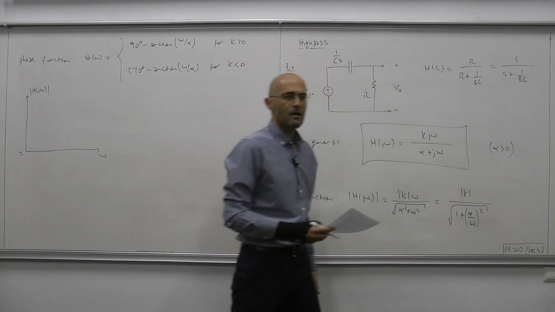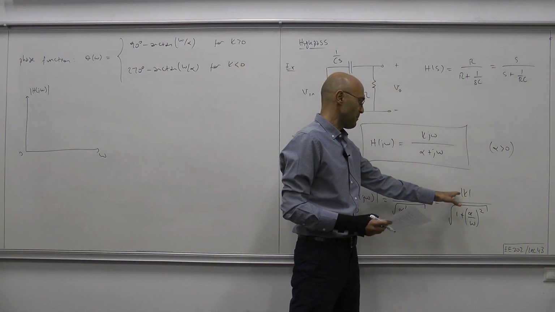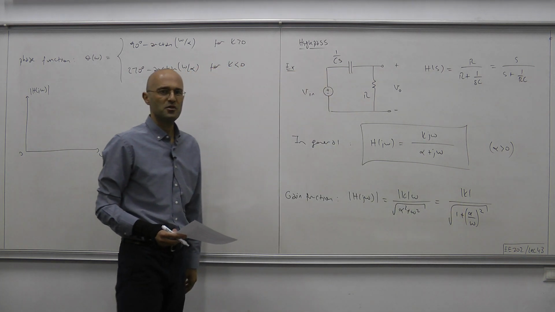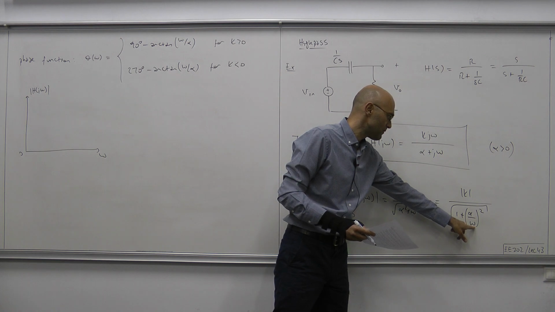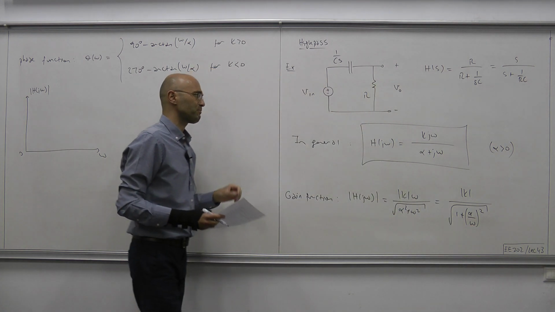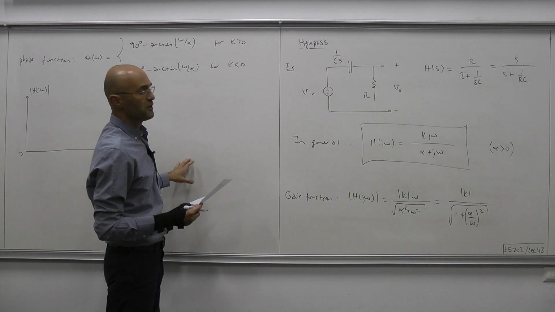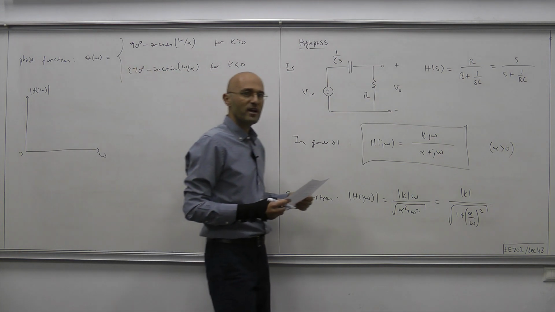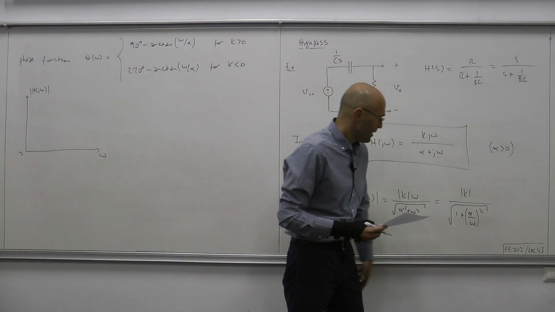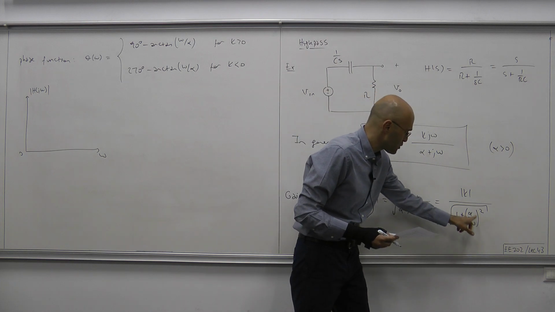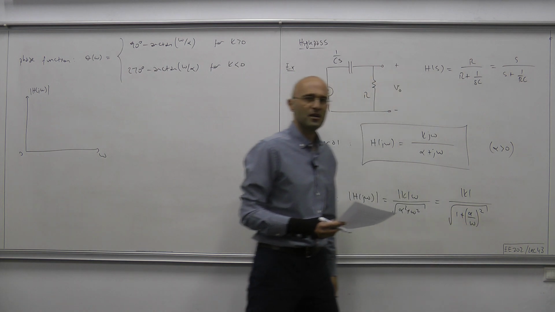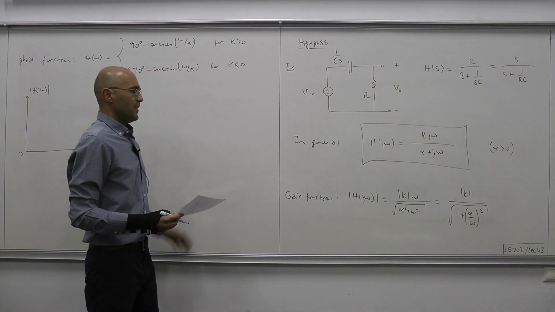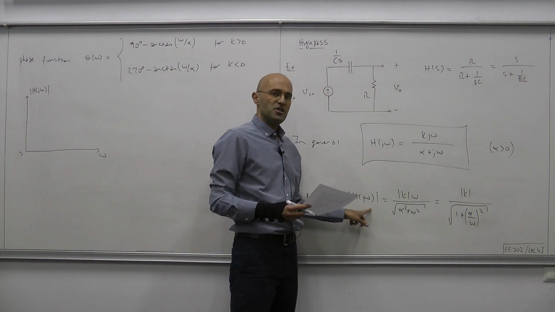The whole denominator becomes infinity, therefore something divided by infinity produces 0. So at omega equals 0 we have 0 gain. So what happens as omega increases? As omega increases, this term decreases, therefore the whole denominator decreases, and as a result the gain function is increasing.